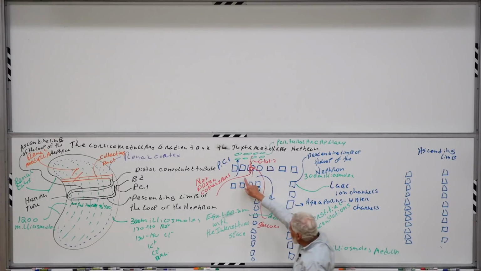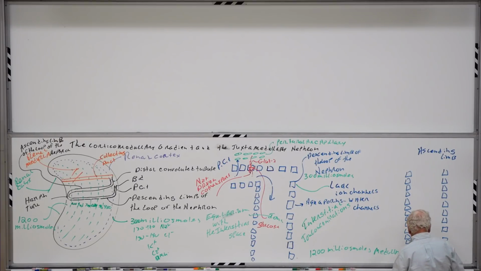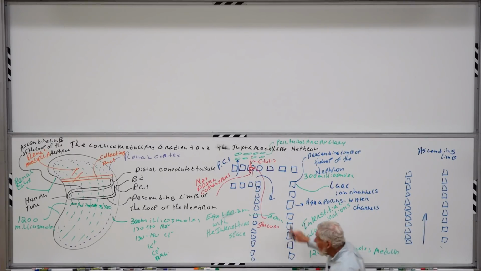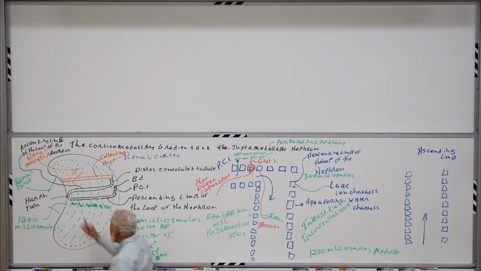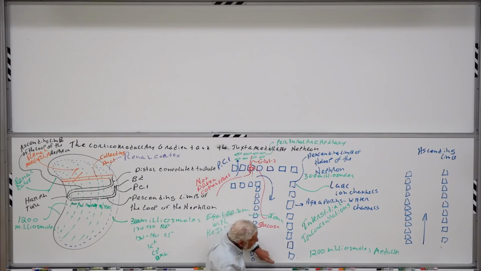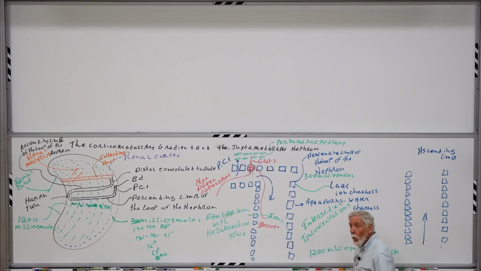Where the fluid movement was from the proximal convoluted tubule down into the descending limb, now the fluid movement is in this direction in the ascending limb. So if we were to extend this to here, the hairpin turn would be someplace down here on the floor.